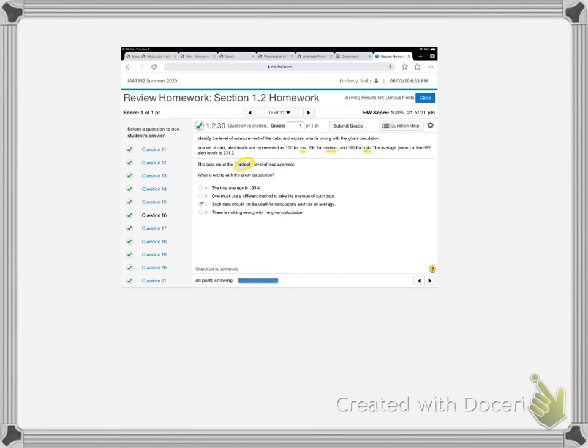Those numbers can be put in order, 100 to 300, but the differences between them are not clearly identified, and so therefore it can't be interval. Even though we can take the numerical difference between 300 and 100, it doesn't give us a meaningful difference. There's a numerical difference, but it's not one that is really meaningful.